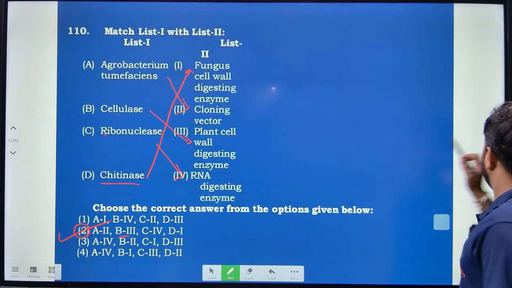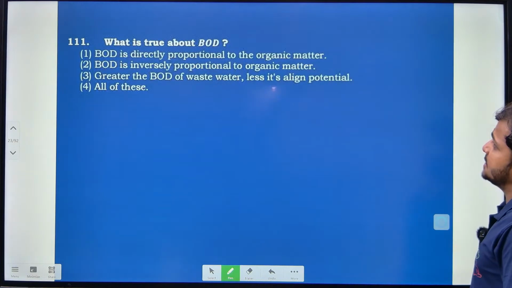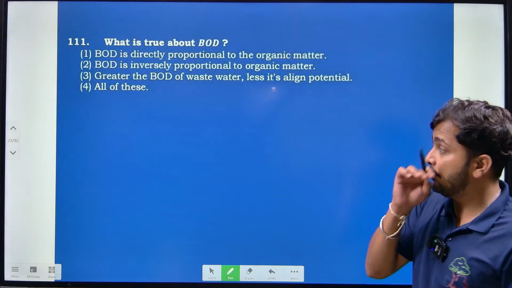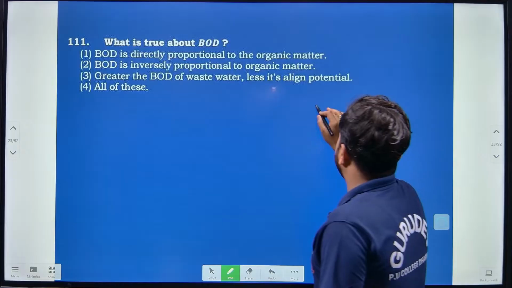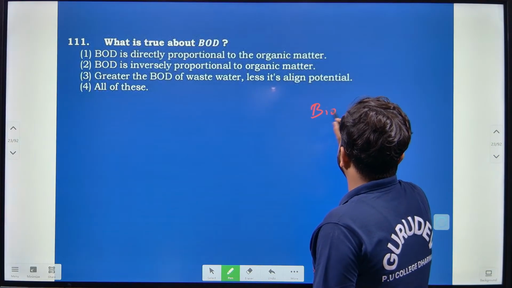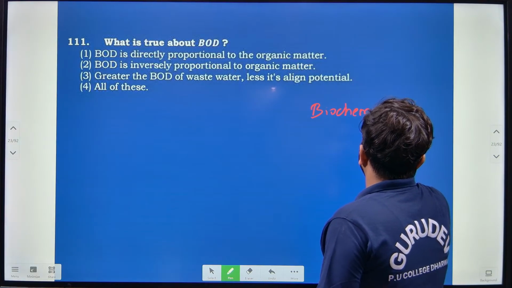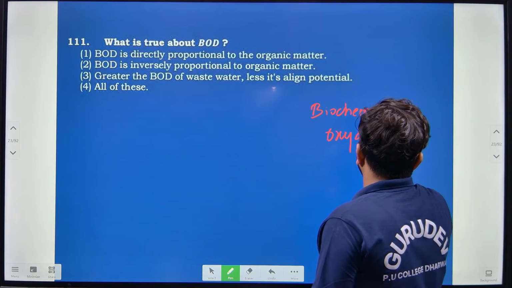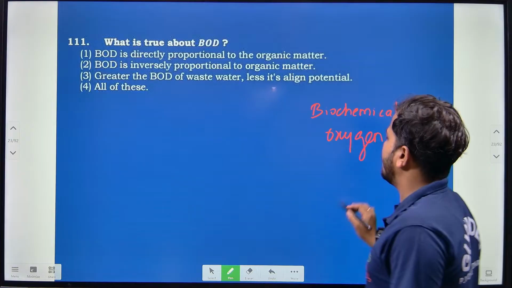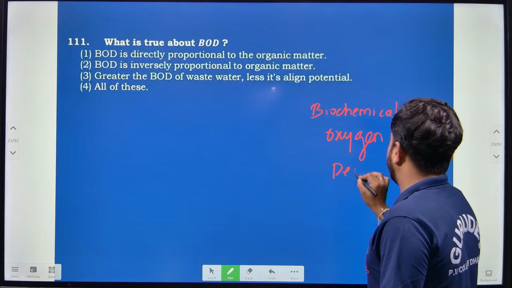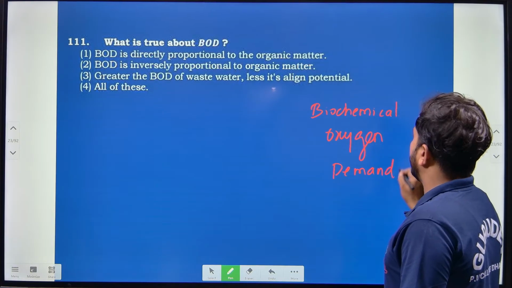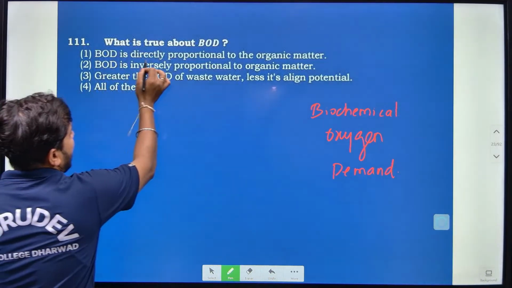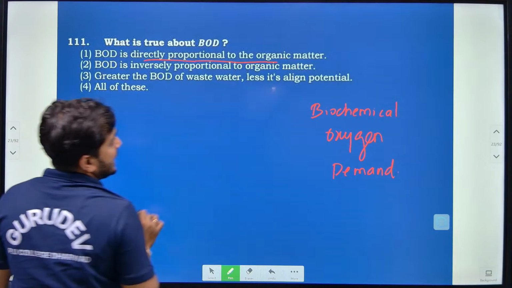Moving on to the next question: what is true about BOD? BOD means biological oxygen demand, or sometimes biochemical oxygen demand. Regarding this, BOD is directly proportional to the organic matter.